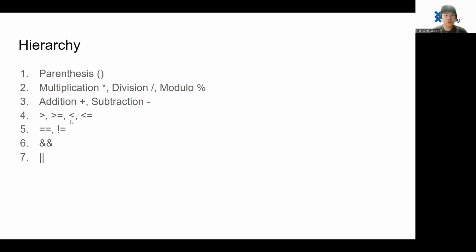Then you have your relational operators here, which is the greater than or equal to, less than or equal to. And then after that, you have your is equal or non-equal sign. And then you have the and symbol here and then the or symbol here.